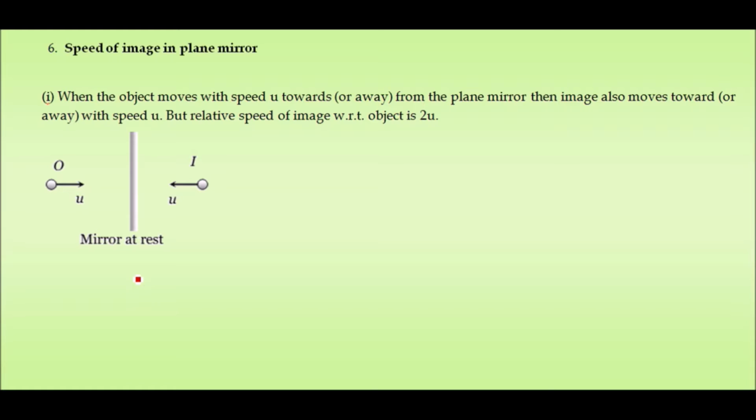It is shown here: the mirror is at rest, not moving, and the object is moving towards the mirror with speed u, then the image will also move towards the mirror with speed u. Again, if the object is moving away from the mirror with speed u, then the image will also move away with speed u, and the mirror is at rest.